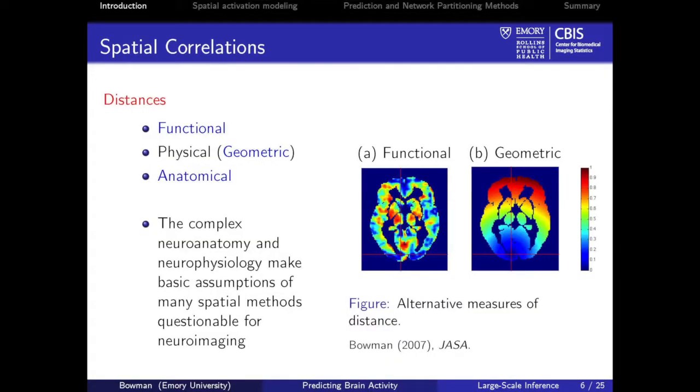All right, so just to elaborate on the spatial correlation a bit, this functional image on the left calculates what I refer to as a functional distance. I generated this figure from the schizophrenia data, since this is what I'll be working with throughout.